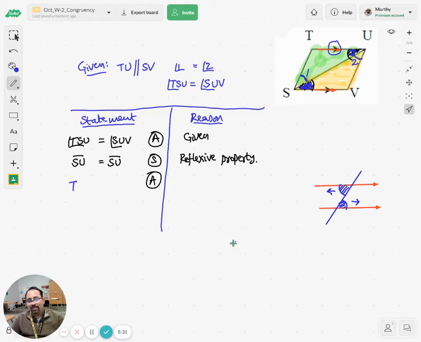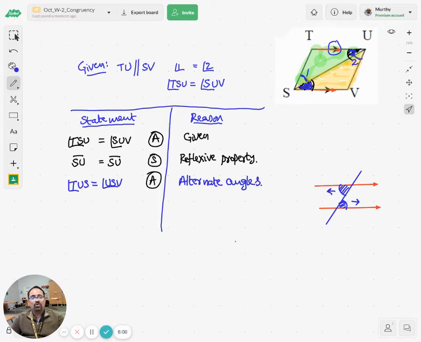Angle TUS equals angle USV. These two angles are equal because they are on either side of the transversal. We call them alternate angles. Alternate angles are equal. They are actually interior alternate angles, to be more specific.